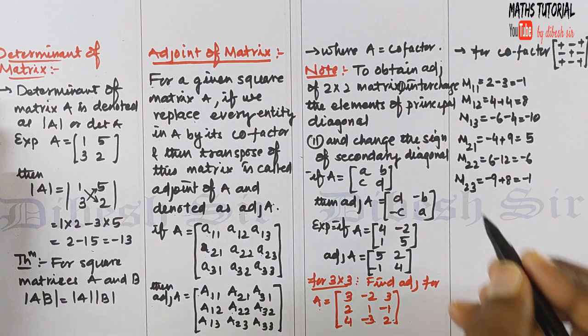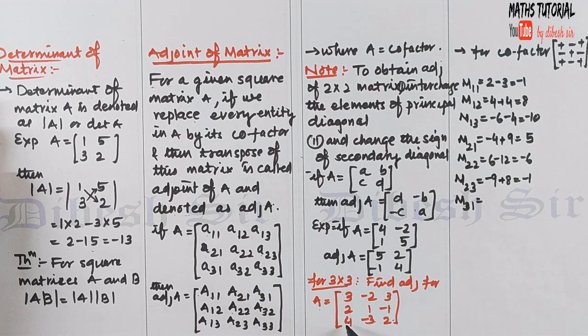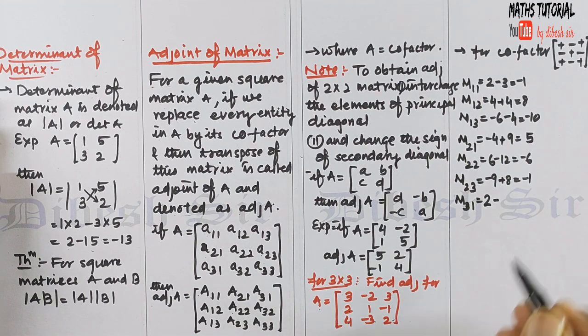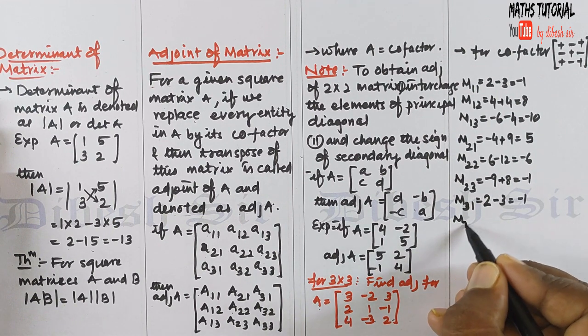Next M31 means third row, first column. Minus 2 into minus 1, that is 2, minus 1 into 3, 3. 2 minus 3, minus 1. M32.